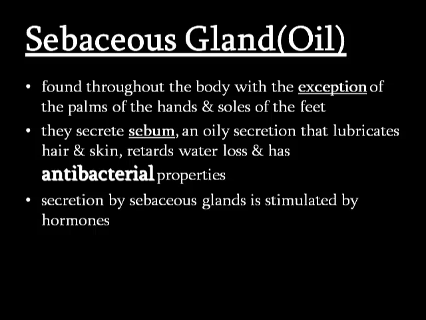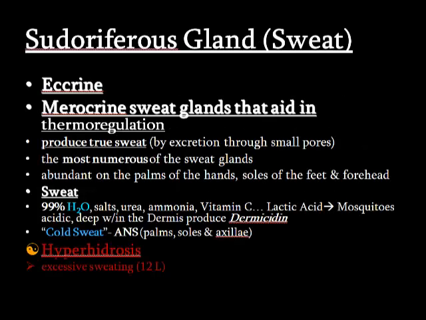Again, it contributes to the acid mantle. Together with sweat, we have an antibacterial surface that is unfavorable to possibly pathogenic organisms. So an acid mantle enables us to have healthy skin. And healthy skin has an acidic secretion on its surface.